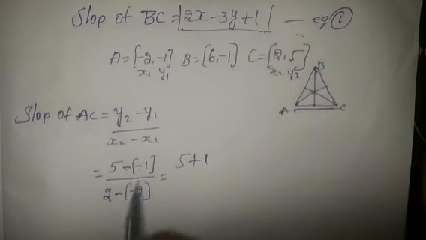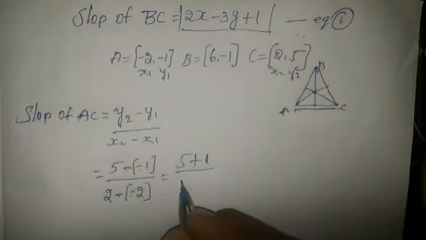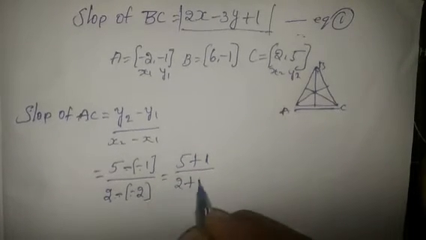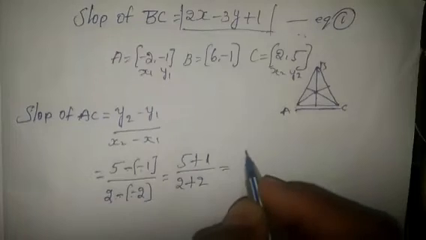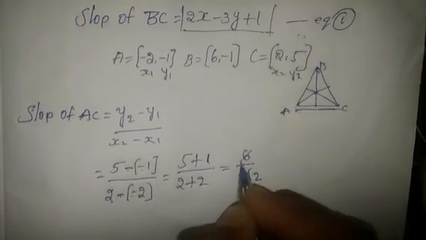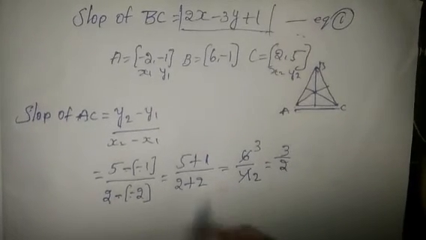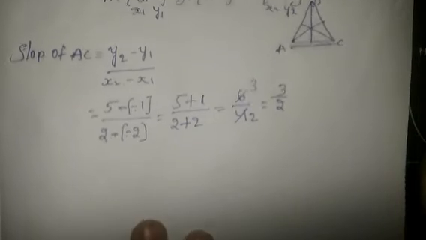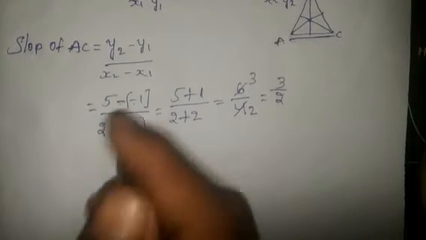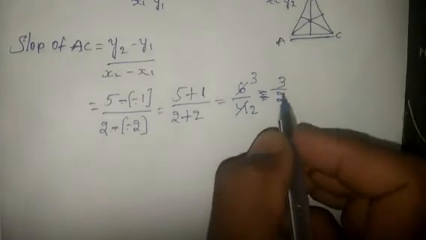So 5 minus into minus becomes plus, and 2 minus into minus is plus 2. So it is 6 by 4. Two 2s are 4, two 3s are 6. So it is 3 by 2. So now we have the slope of AC, that is 3 by 2.